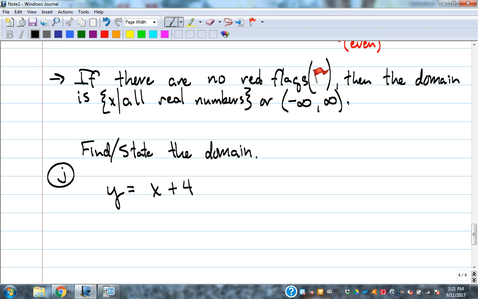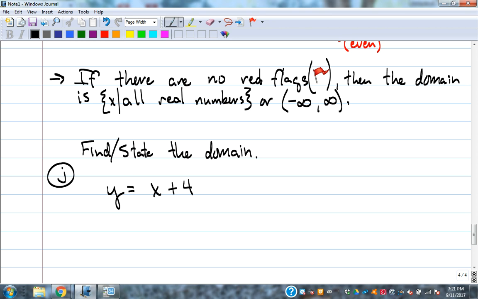We're looking for x to be where? For something to change what the domain is, where would x have to be? What are the red flags? That's what I'm asking. All right, so x can't be in the denominator of a fraction. There's not even a fraction in the problem, right? So that red flag's out. Is there a square root in the problem? No, neither of those things exist.